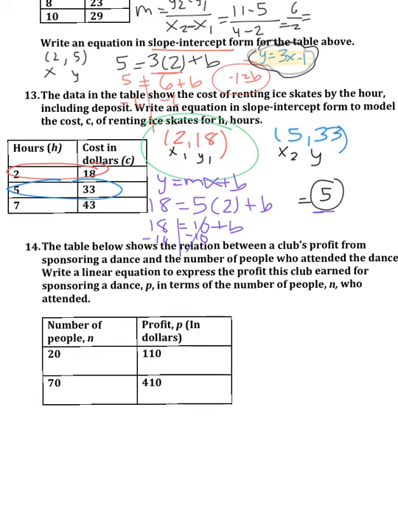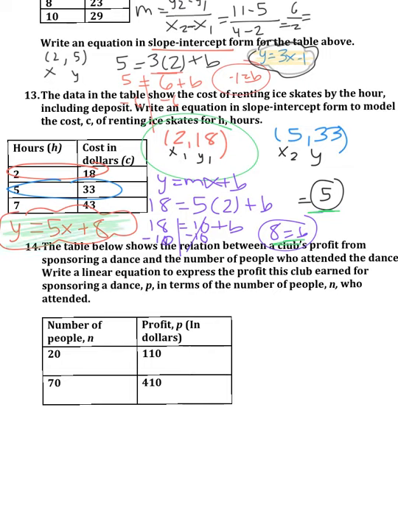I do the opposite. I subtract. 18 minus 10 is 8. I'm going to take these two numbers, 8 and 5, and I'm going to write them in my answer. Y equals 5x plus 8. That is my answer.